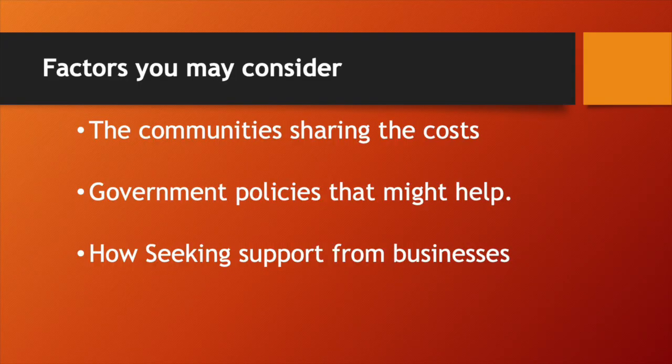In your proposal, I believe you may consider these factors. How about the community sharing the cost? What government policies might be of help? And also, how about seeking support from businesses and other organizations?